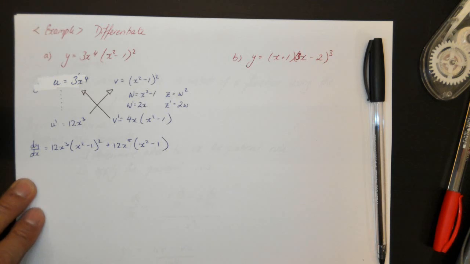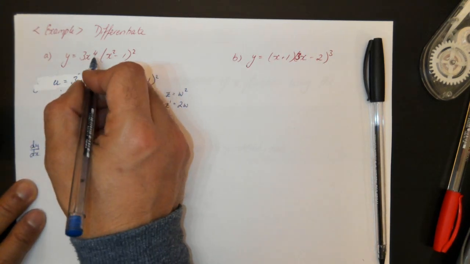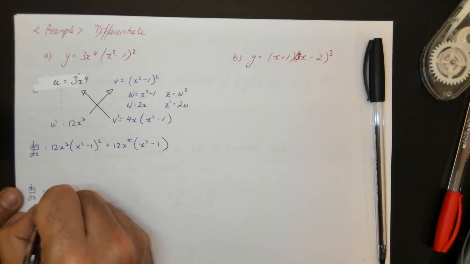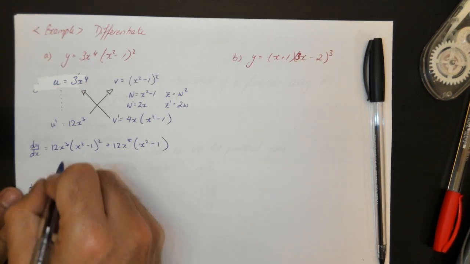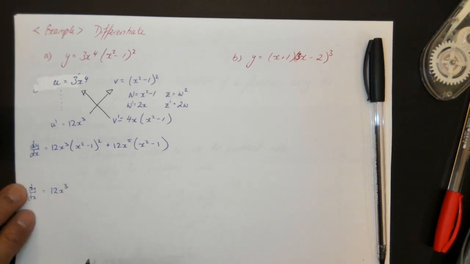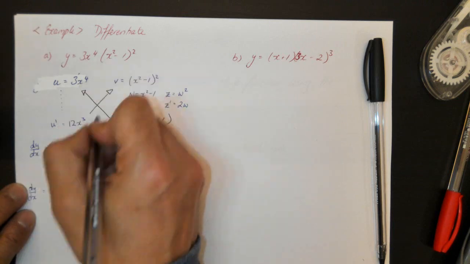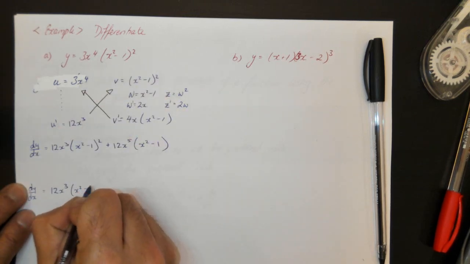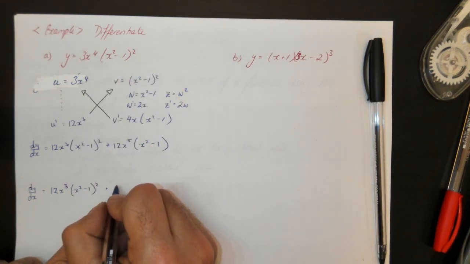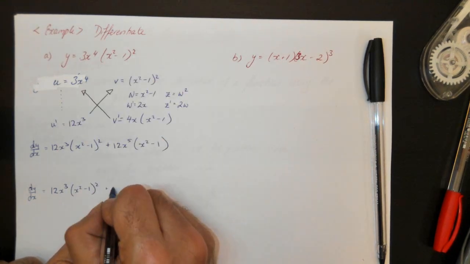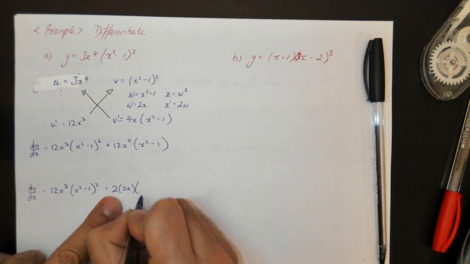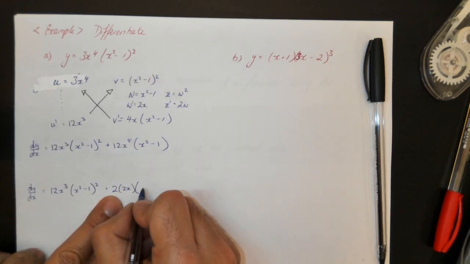Okay. If we were to do the short method, we would differentiate the first part. Keep the last term. Differentiate the inside bit, so bring the power down and differentiate the inside bit, and multiply it by the other term.